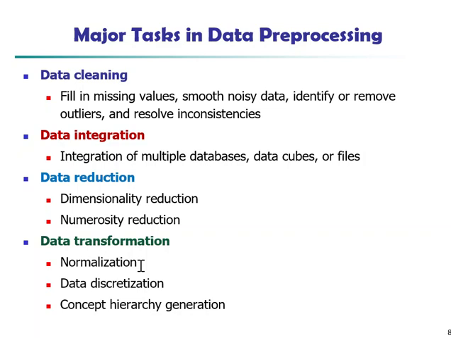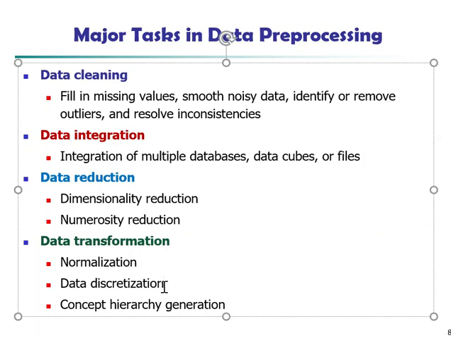Normalization is also sometimes, we can almost say, required for certain algorithms to work. Unnormalized data and normalized data, when you fit them to the exact same algorithm, might give you very, very different results. Data discretization is a technique that we're going to discuss.